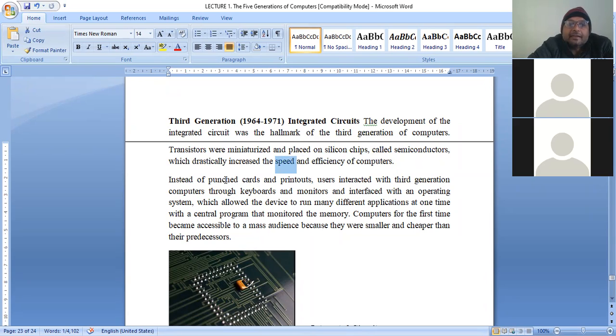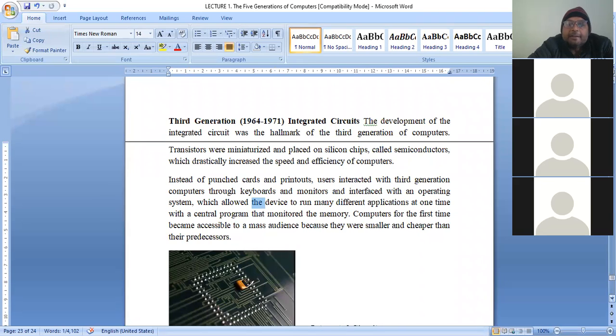In the first and second generations, they used the same thing for input and output. But in the third generation, instead of punch card and printout, they started using keyboard and monitor, that means keyboard for input and monitor for output, with an operating system.